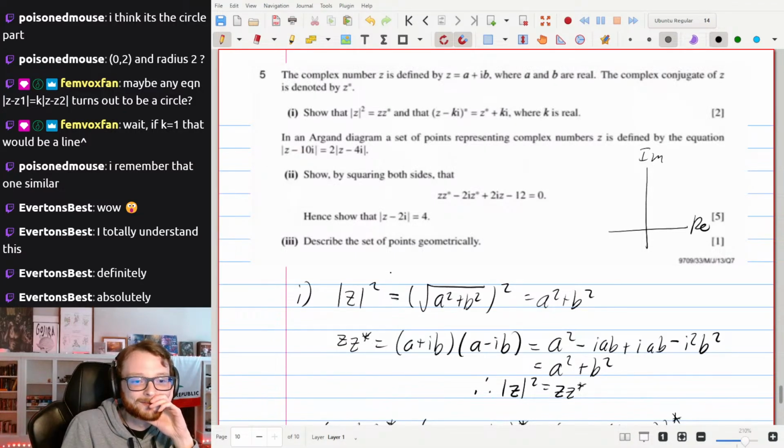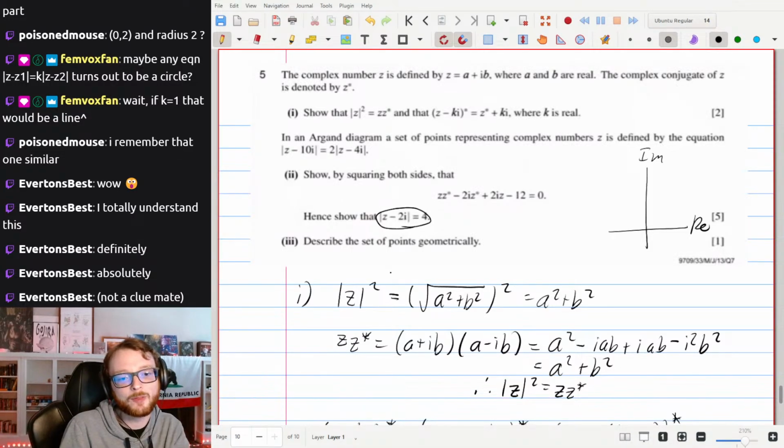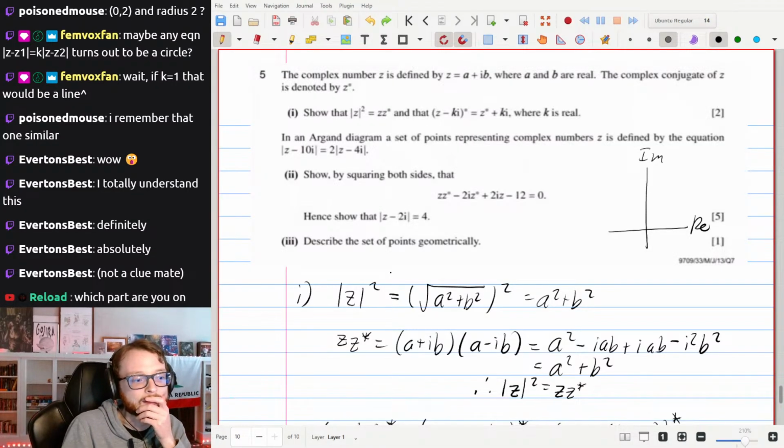Not a clue. Actually, we could test it. Maybe let's assume this is right and then test it later.